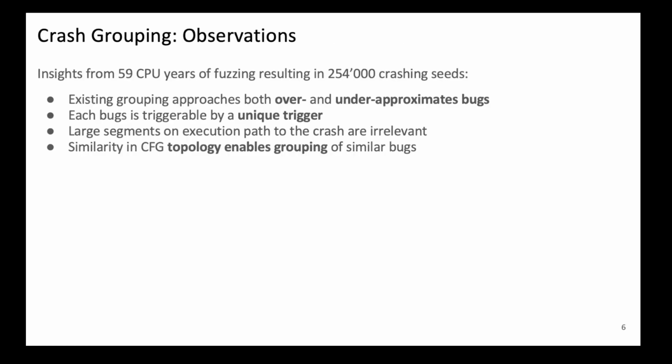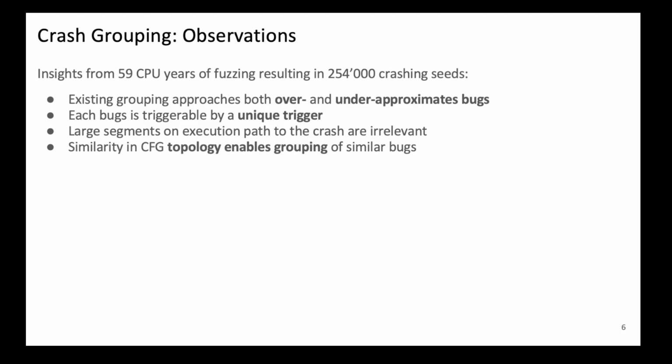In response to the above problems, after analyzing the massive crashes found in long-term fuzzing tests, we reached the following conclusions. First of all, the existing classification methods have over- or under-classification problems, and the over-classification problem is the most common.